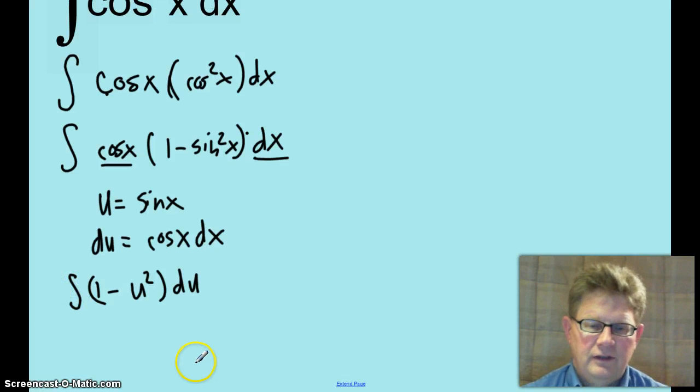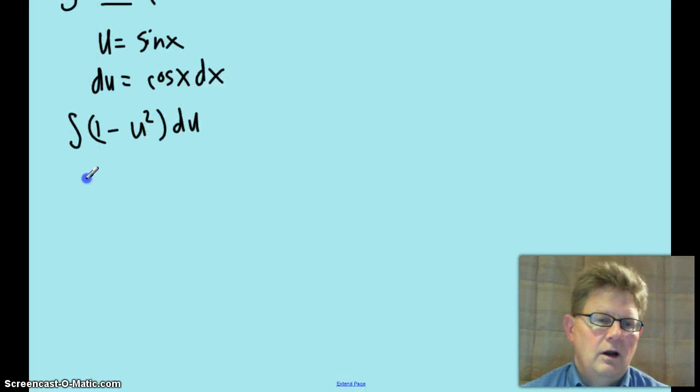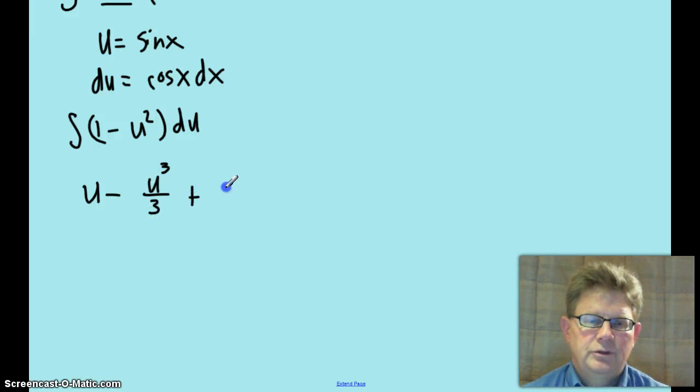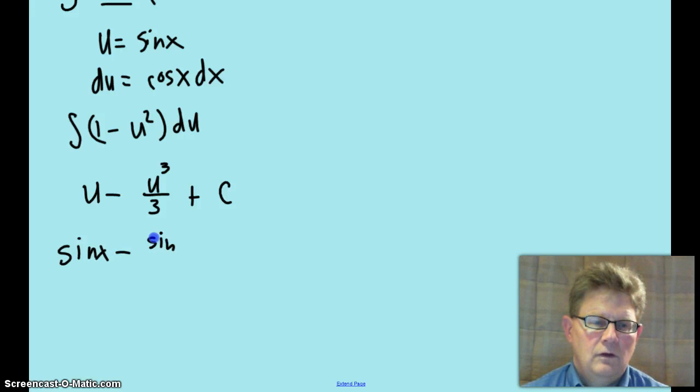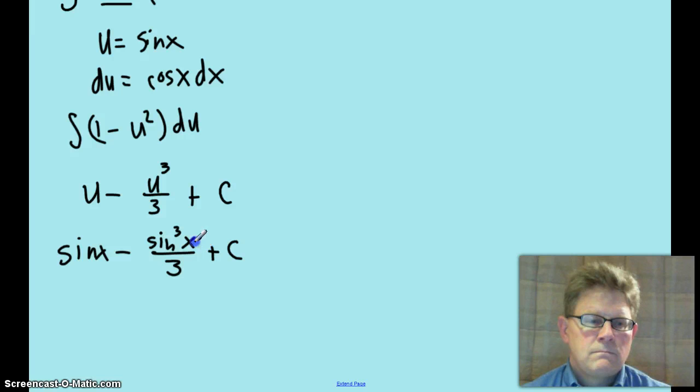Alright, so that would be u minus, add 1 to the exponent, u cubed, multiplied by the reciprocal, 1/3, plus some arbitrary constant. So that would be sine of x minus sine cubed x over 3 plus an arbitrary constant.